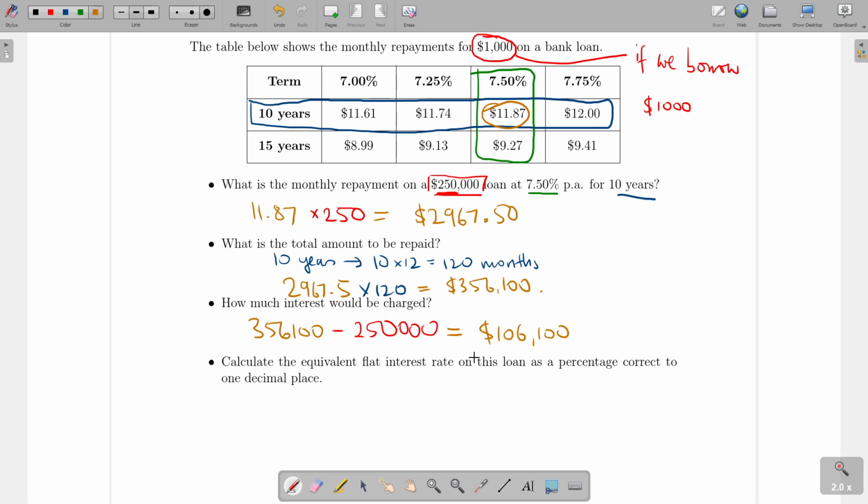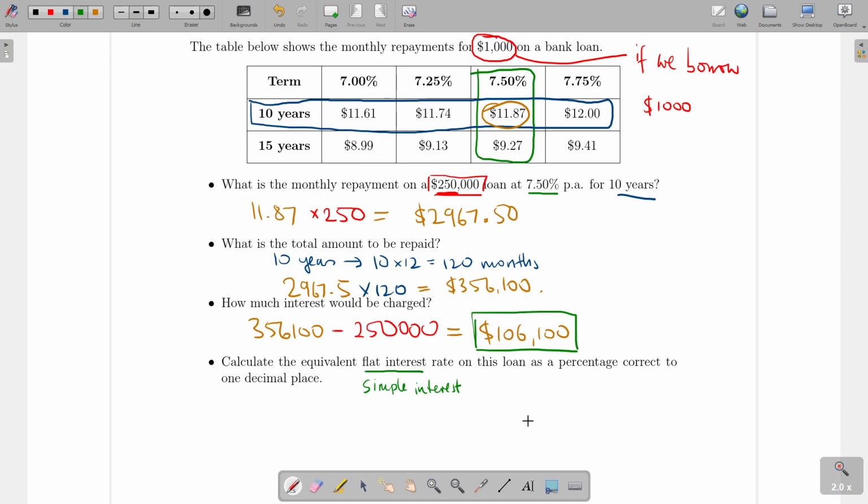So the last one asks us for an equivalent flat interest rate. Now, flat interest would mean if it were simple interest, which would mean the amount of interest charged every single year or month or whatever would be the same every single time. Okay, so we know that we had $106,100 interest charged, and that this number was changing over the duration of the loan. So the amount of interest charged every single month would be different, right?